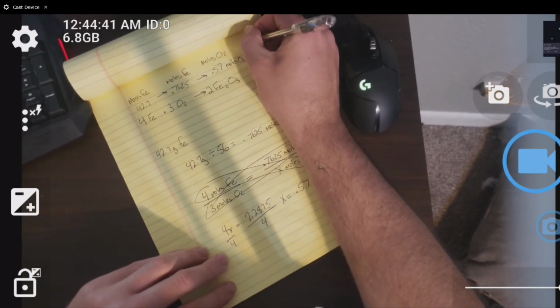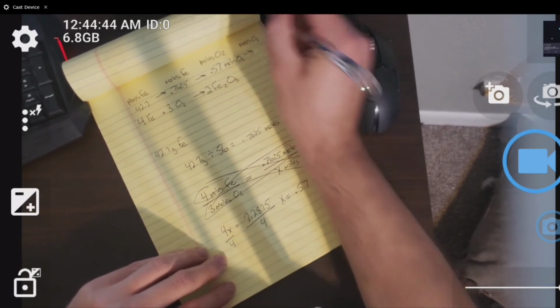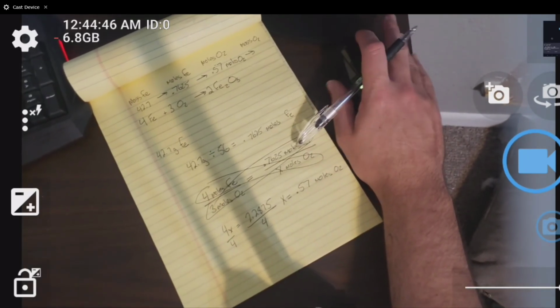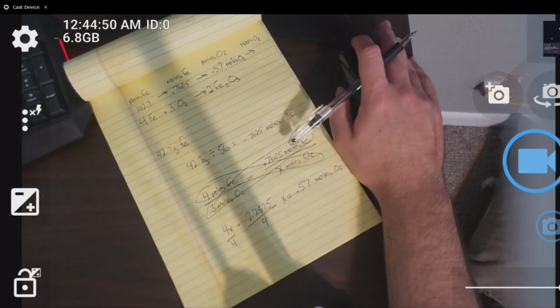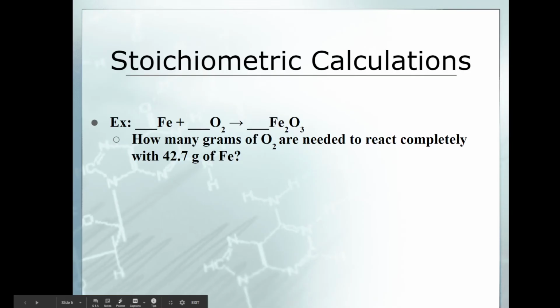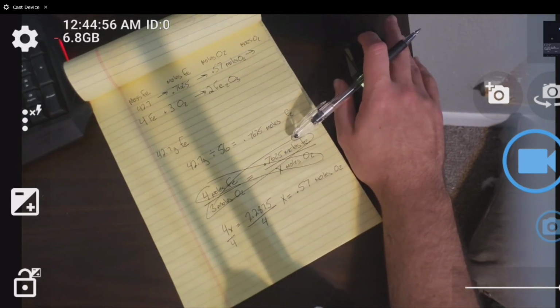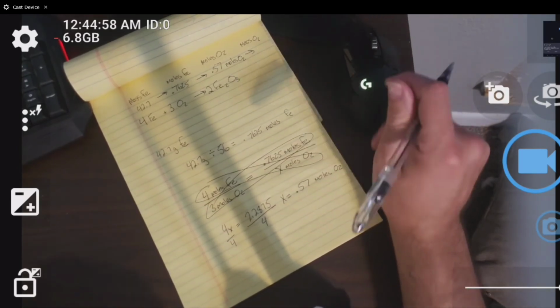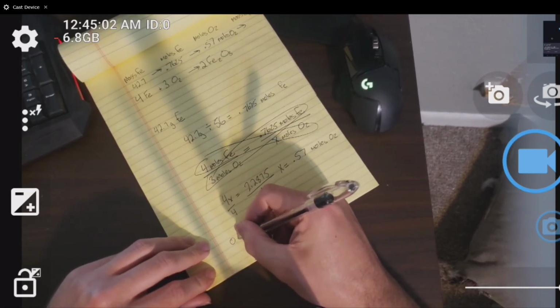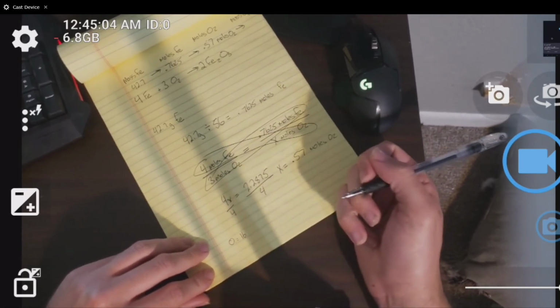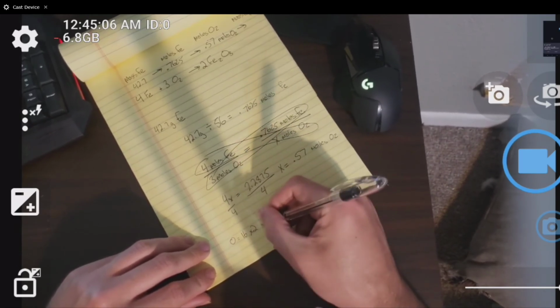All right, and then our last step, because remember our question was asking us how many grams of O2 we need. So our last step is to convert to the mass of O2. So in order to do that, we need to know the molar mass. So we got oxygen, it weighs 16, and there are 2 of them in that molecule.